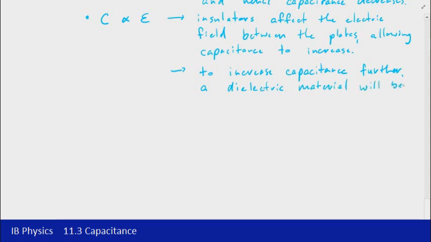So it's still an insulator, still not going to allow current to flow through it, but what it does do is that the molecules in the dielectric material actually become polarized.